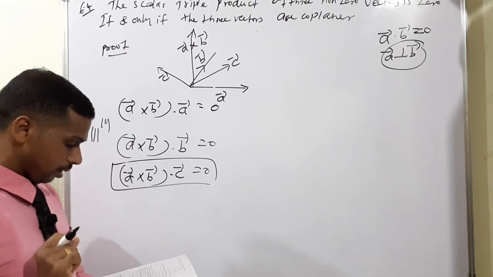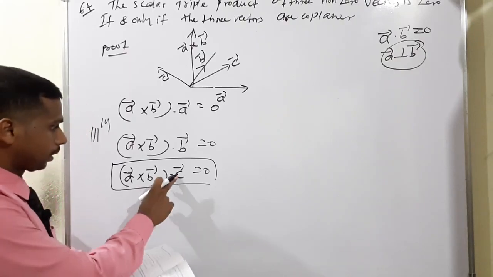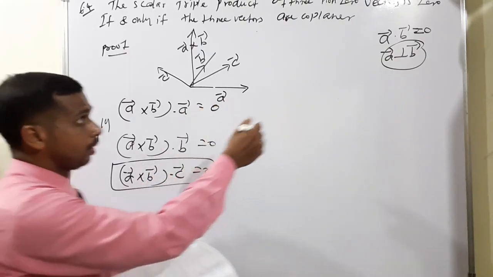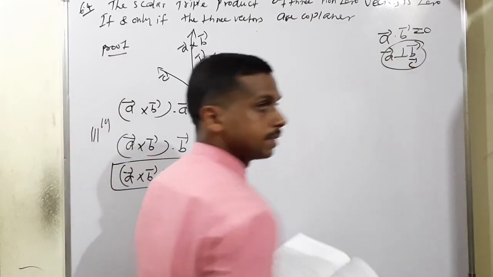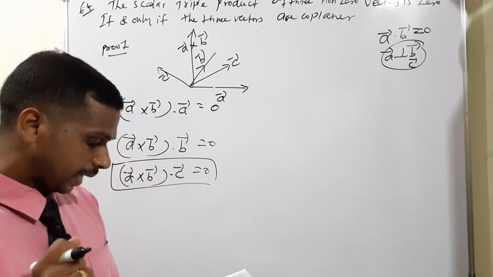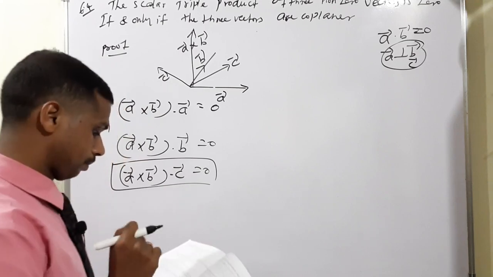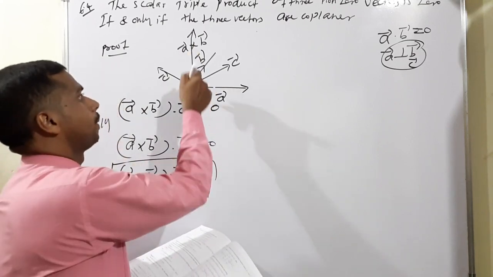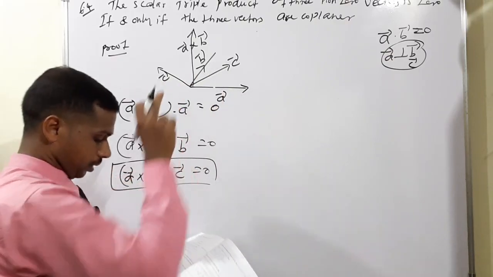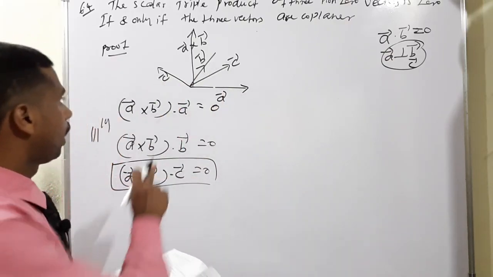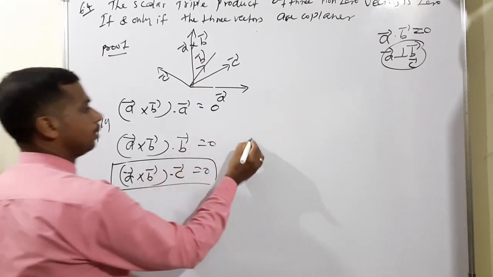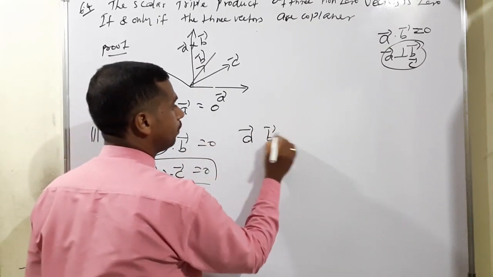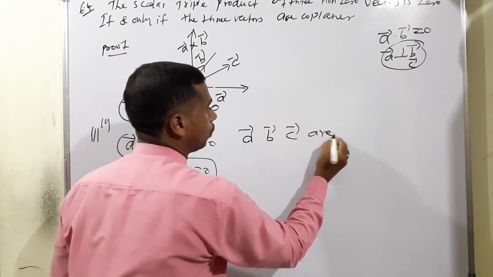So C vector is perpendicular to A vector cross B, which means it is equal to 0. As well as the second point, C vector lies parallel to A and B, and on the opposite side the same condition applies. If we have both conditions equal to 0, we can say A vector, B vector, C vector are coplanar.